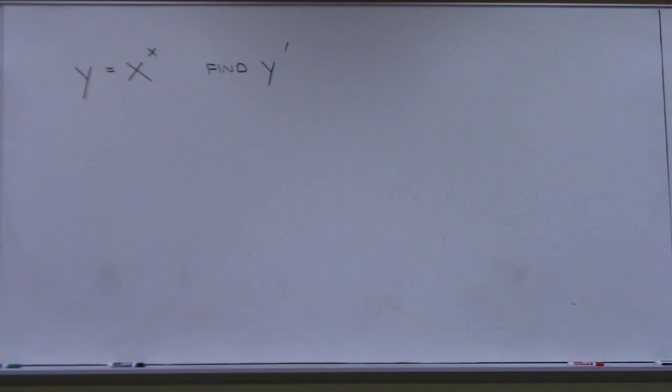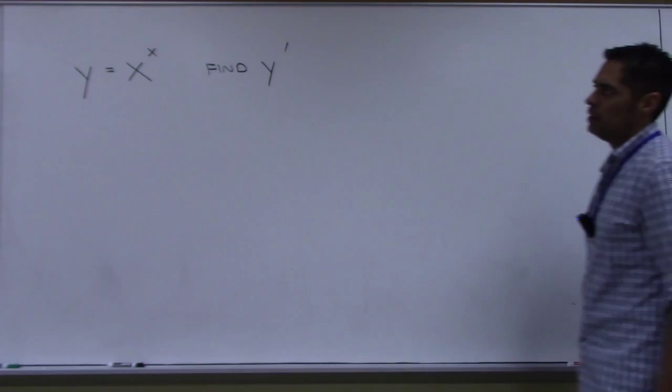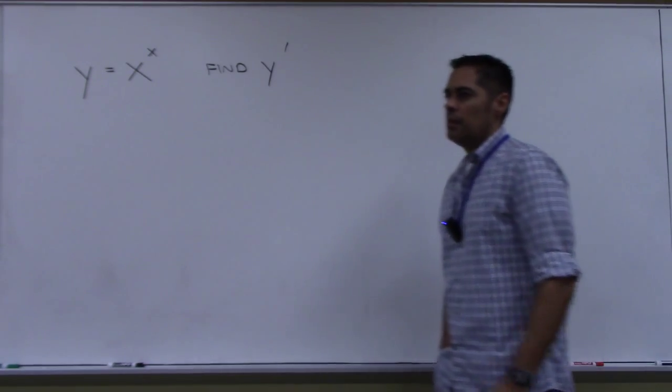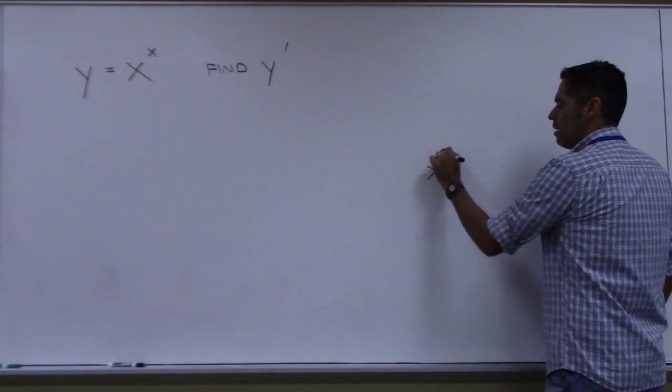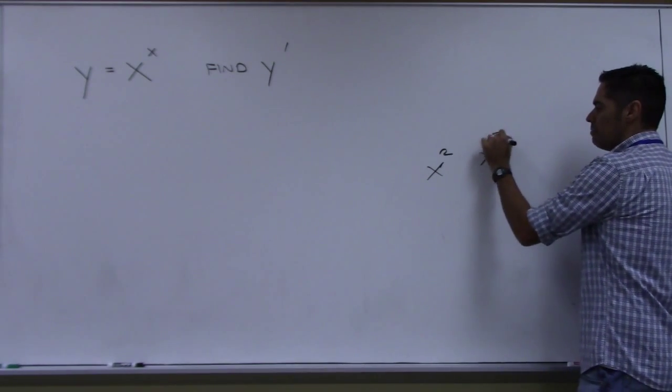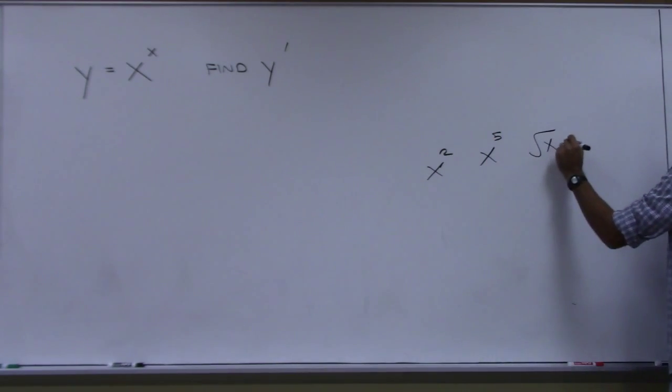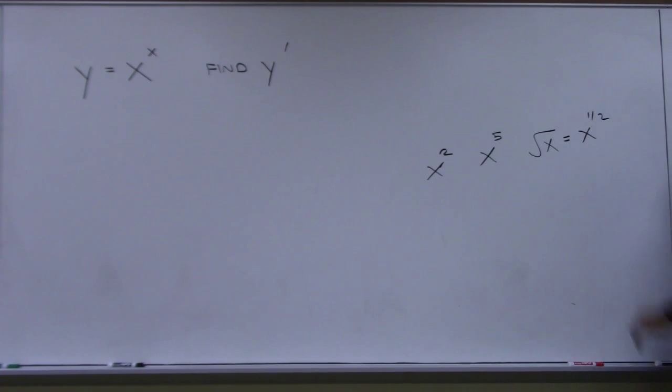I've always loved that function because usually that's not a function that anyone's ever dealt with. x to the x. We're used to seeing things like x squared, right? x to the 5th. Shoot, we were even used to seeing square root of x, which is the same as x to the half. So seeing x to powers as functions, that's pretty normal, right?